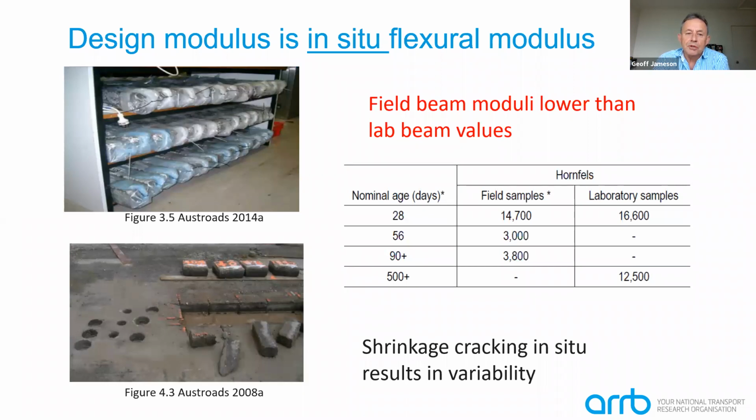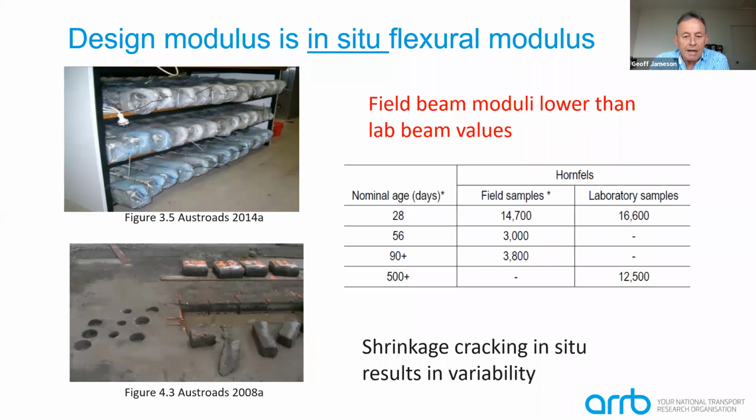Now, one of the issues is our definition of modulus is an in situ flexural modulus, not a lab modulus that you obtain from the laboratory testing. And we've done that because we've found significant differences and variability in the in situ. When we've taken beams from the roadbed and tested them, we've found much lower and more variable results than we get from lab beams.